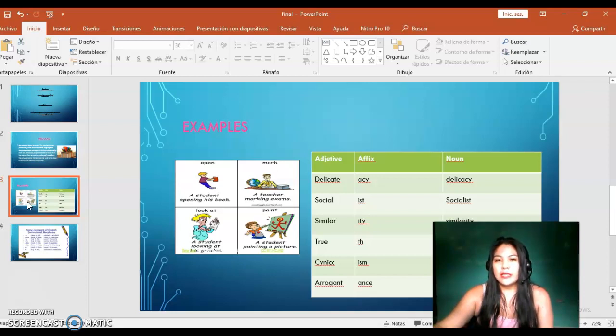The adjective true, with the affix -th, gives the noun truth. The adjective cynic, with the affix -ism, gives the noun cynicism. The adjective arrogant, with the affix -ancy, gives the noun arrogancy.